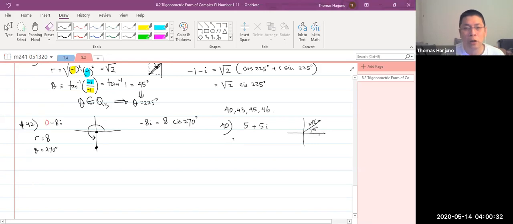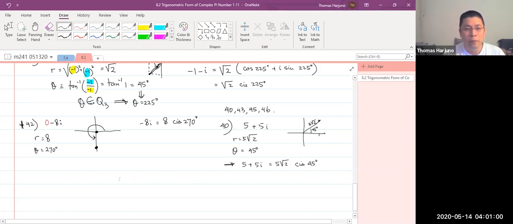So r equals 5 radical 2, and theta is 45 degrees. Of course, you can do all those routine steps using the formulas, but you're supposed to get this. Therefore, the trig form will be 5 radical 2 cis 45 degrees.